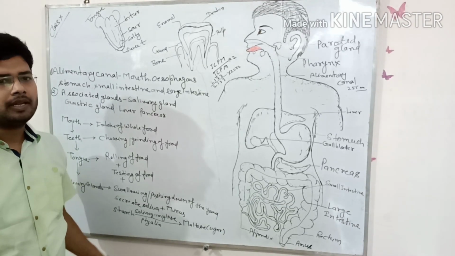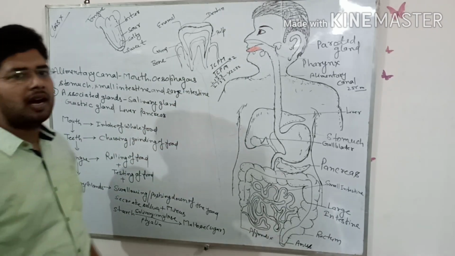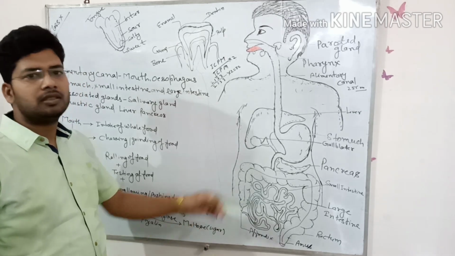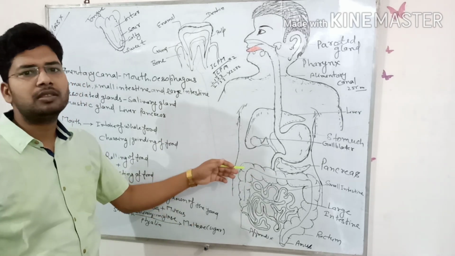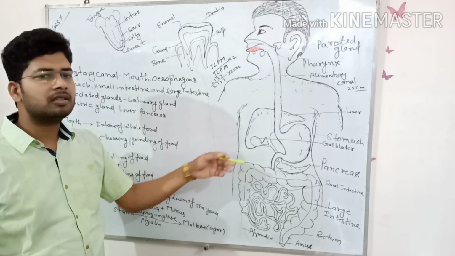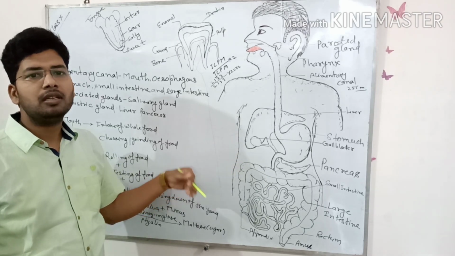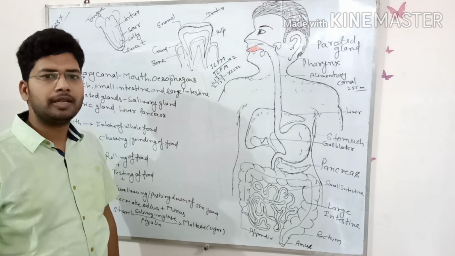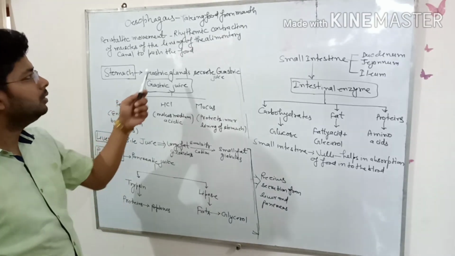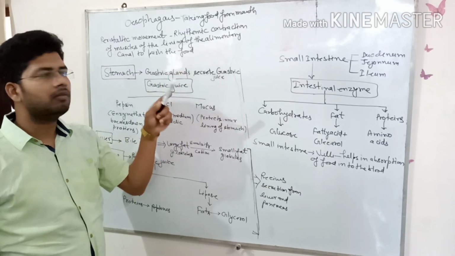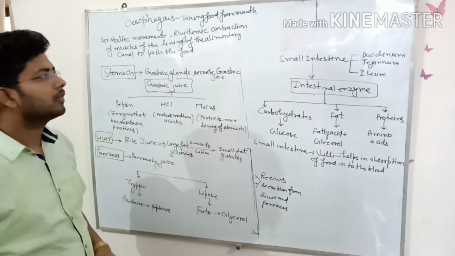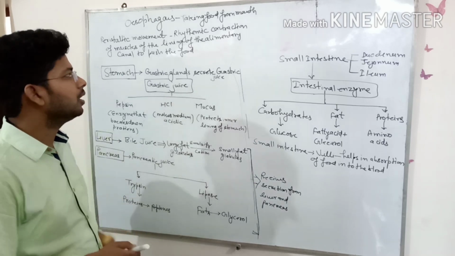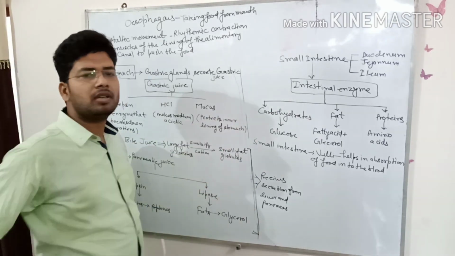After that it goes toward the stomach, and the further process of digestion starts inside the stomach, and the stomach secretes gastric juice which contains pepsin, hydrochloric acid, etc.